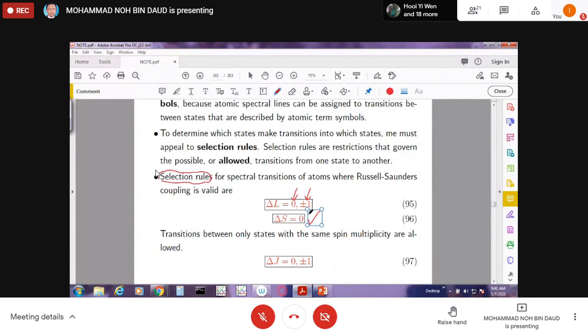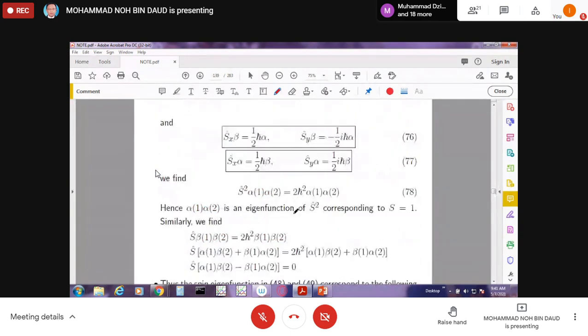For light atoms, the delta S, the spin multiplicity, must be the same in order for the transitions to be allowed. Same spin multiplicity. Okay, I want to show you this diagram.